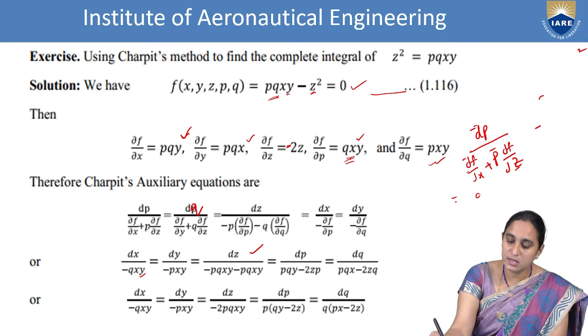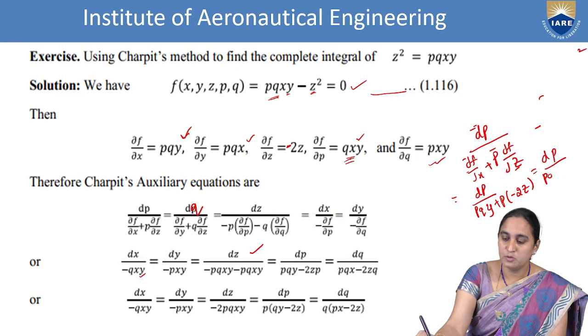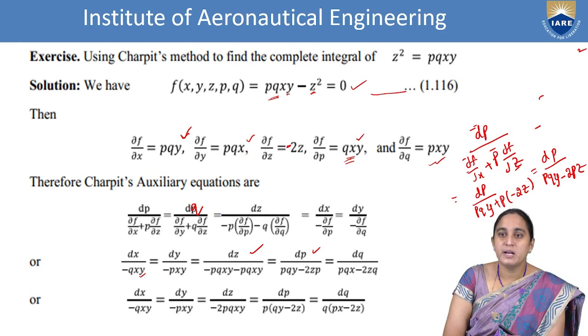Now substitute here: dp by what is ∂f/∂x here? pqy, plus p into what is ∂f/∂z? That is minus 2z. This is equal to dp by pqy minus 2pz, or 2zp.